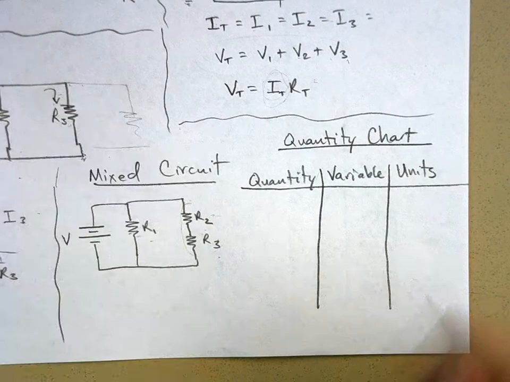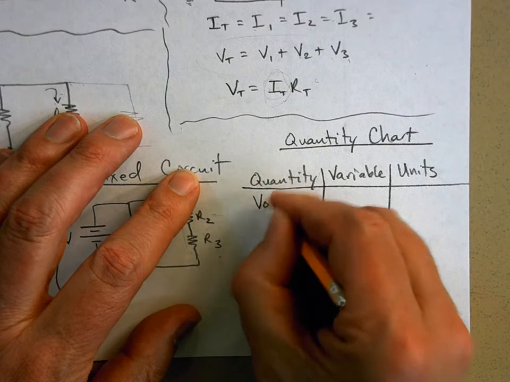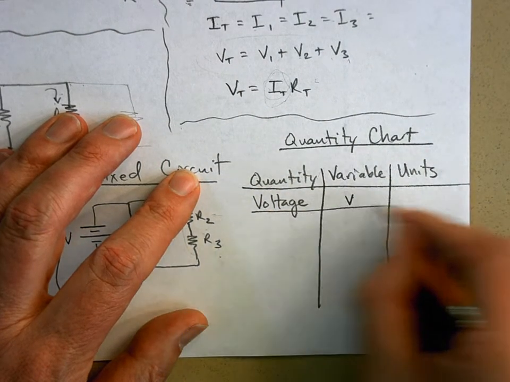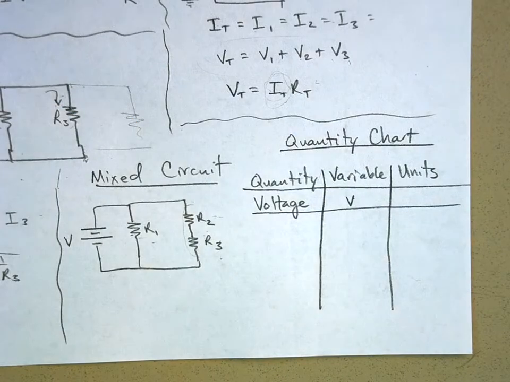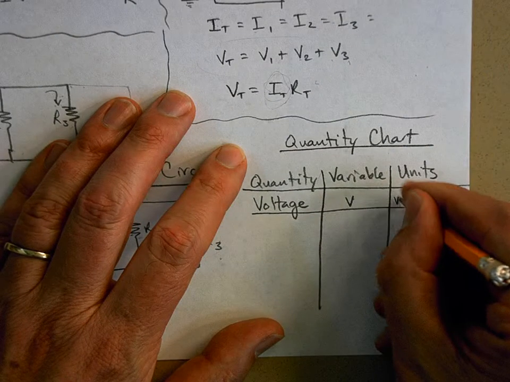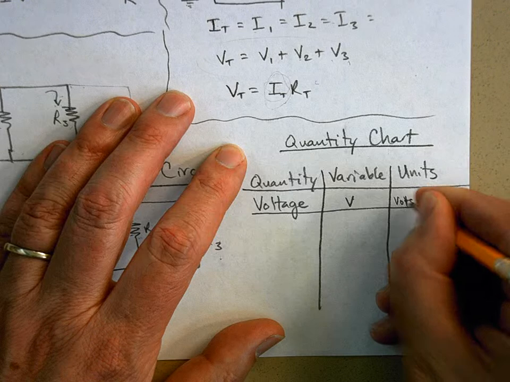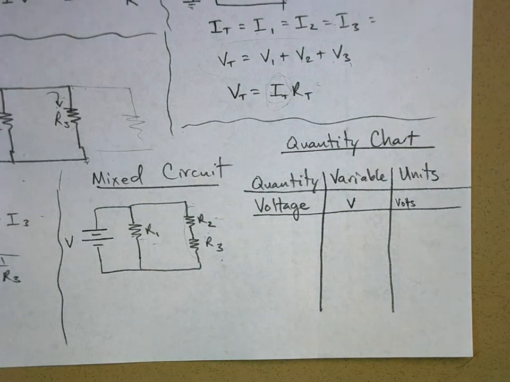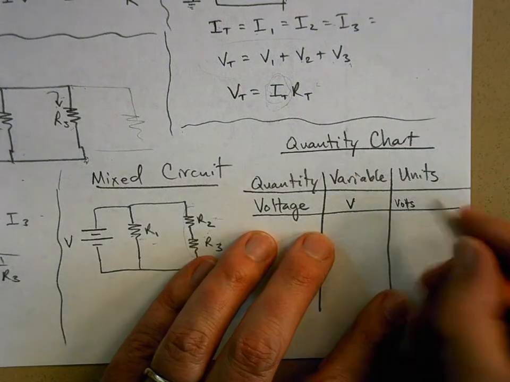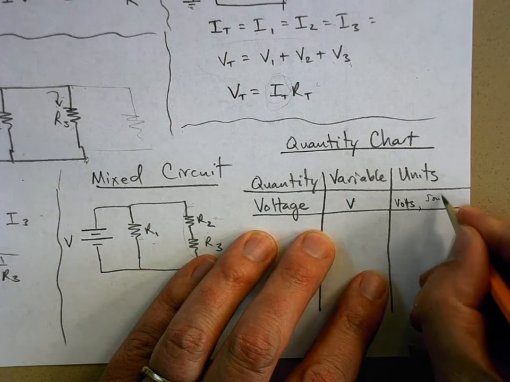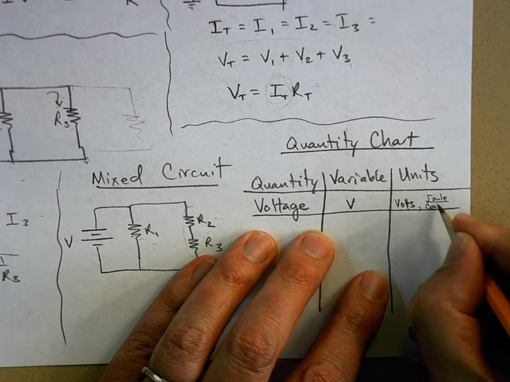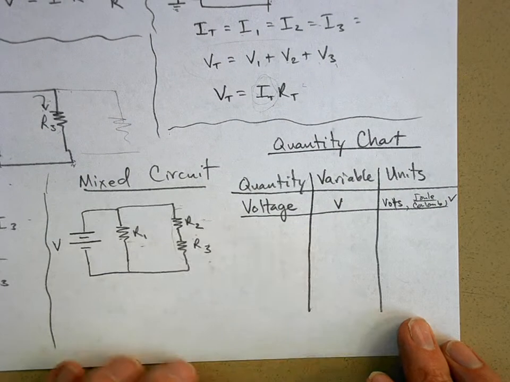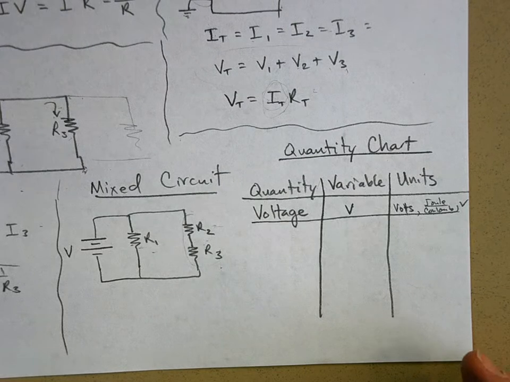Quantity: voltage, V. Sometimes we use a delta V, sometimes a cursive E, but I'm just going to stick with V. Volts, which is a joule per coulomb. I want you to know that. And we just abbreviate with V. It's the only quantity I know of where the variable and the unit are the same letter.